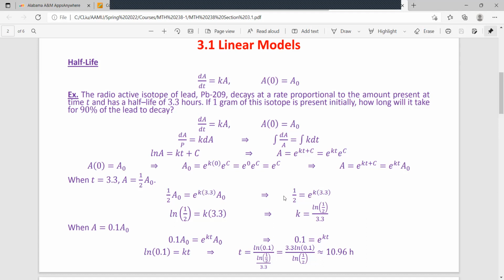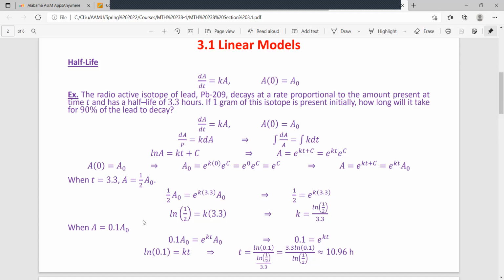So what do you do? Just take the natural log on both sides. We get natural log of half on the left and K times 3.3 on the right, because you get the exponent when you take the natural log of a natural exponential. Dividing by 3.3 on both sides, we get K equals natural log of 1/2 over 3.3.